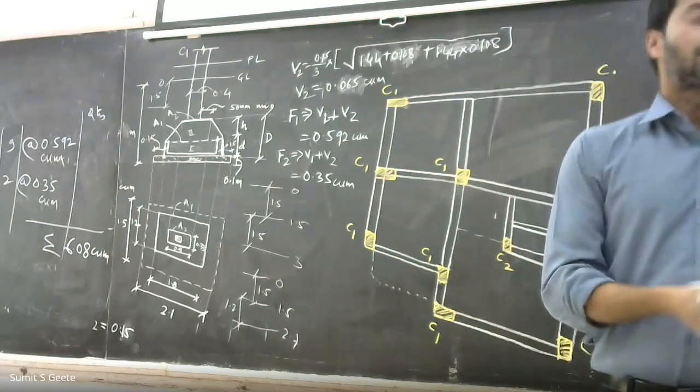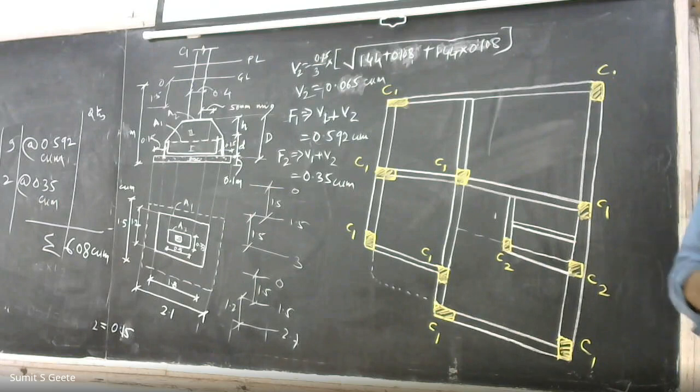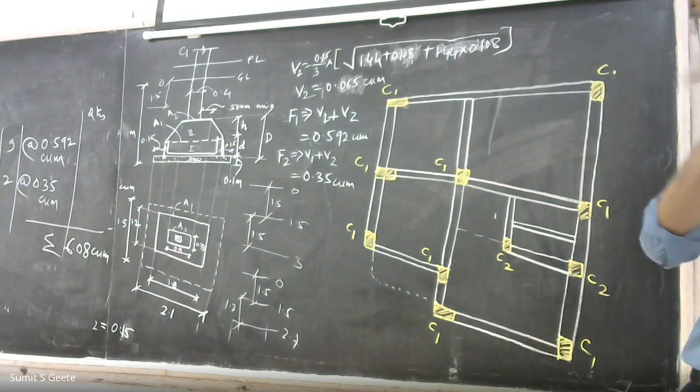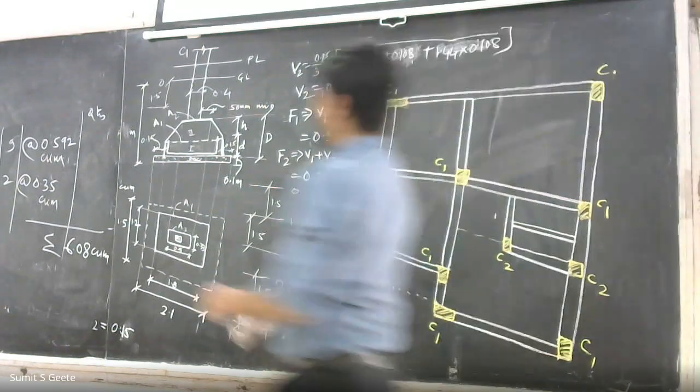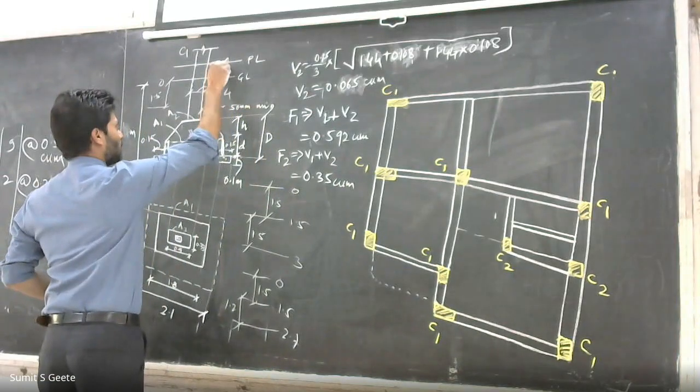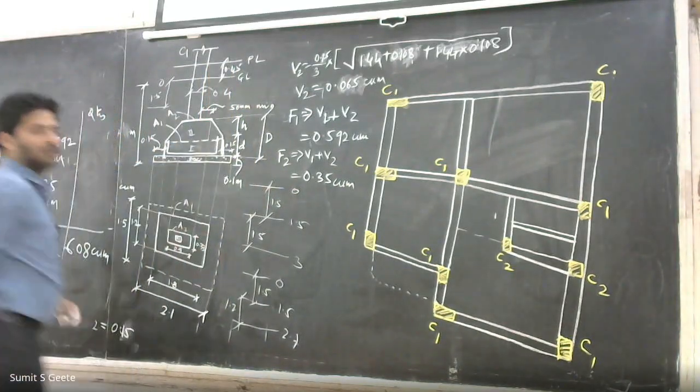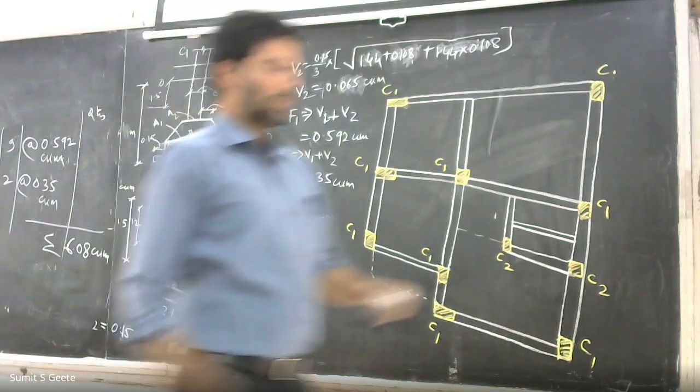So write down RCC of column up to plinth level. ठीक है? Now consider plinth level 0.45. Consider plinth level as 0.45.